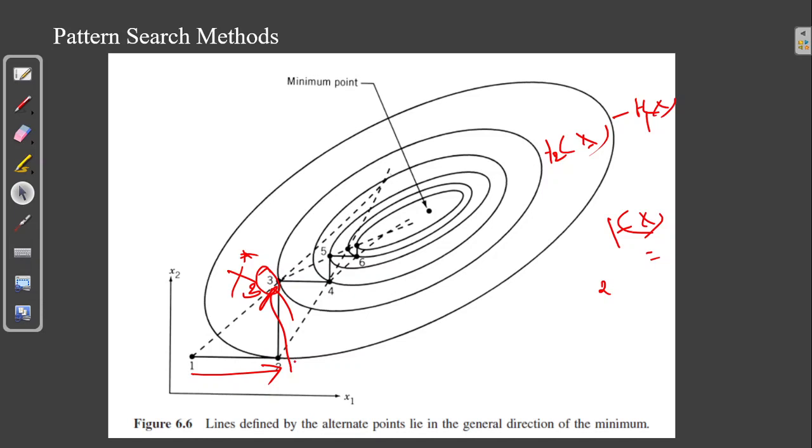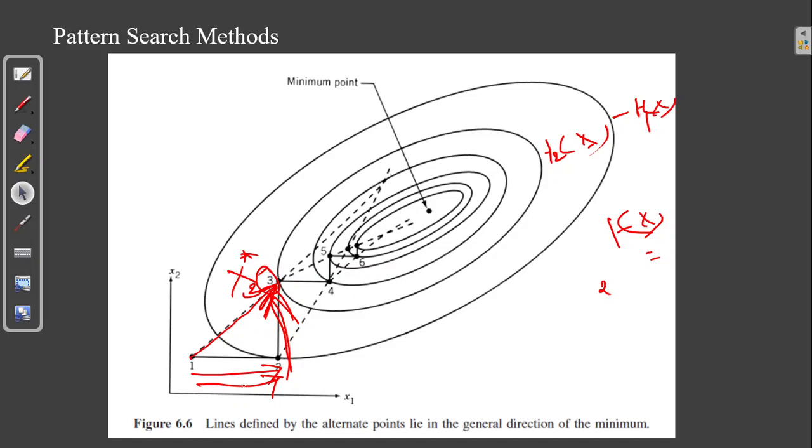But by applying theorem 1, we will find another feasible direction, joining 1 and 3 like this. We are not going in two directions, where first we went in the x1 direction and then in the x2 direction.